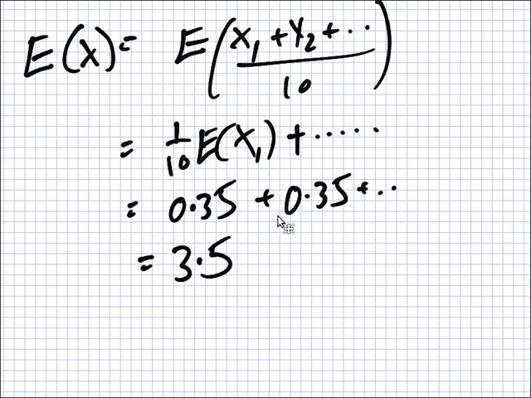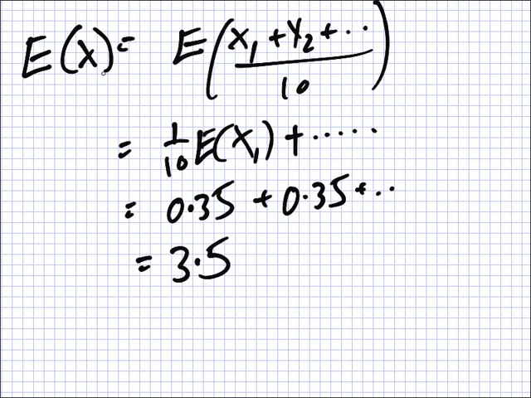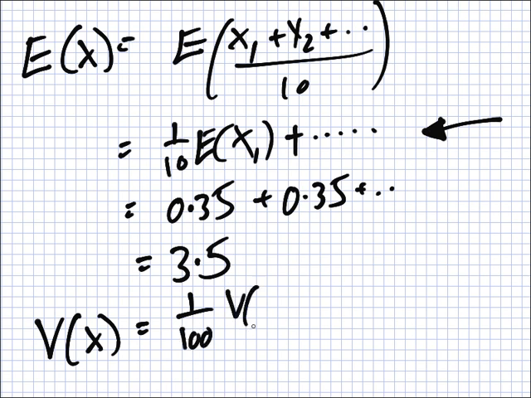It doesn't change, because remember we said another meaning of expected value is the long run average. The variance of x will be very similar. The only difference is on this line. It's not 1 over 10. What would it become? It's 1 over 10 squared. Yeah, very good.